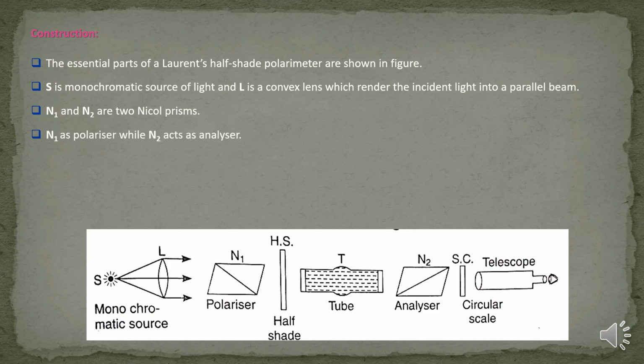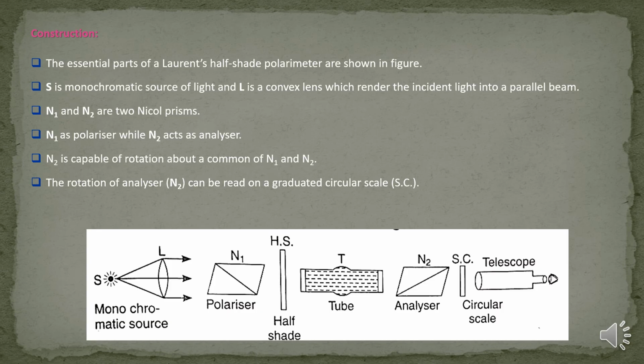N1 acts as the polarizer while N2 acts as the analyzer. N2 is capable of rotation about the common axis of N1 and N2. The rotation of analyzer N2 can be read on a graduated circular scale. Verniers are also provided to read fractions of a degree.